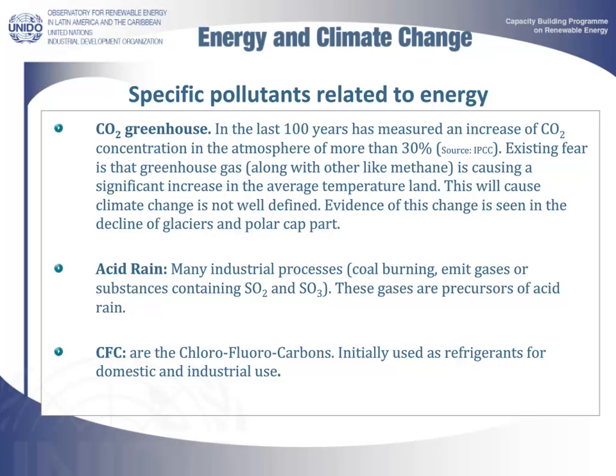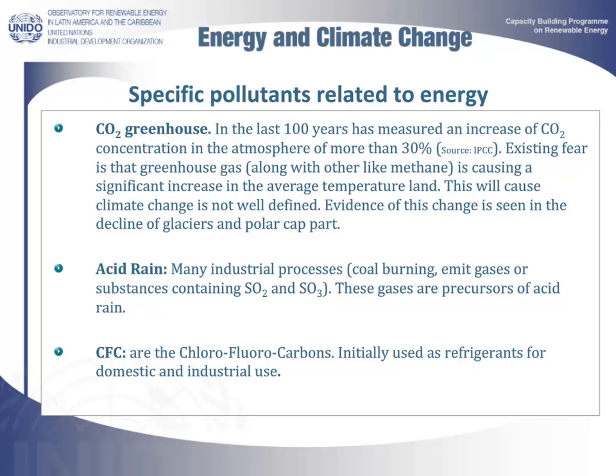Regarding sulfur dioxide and sulfur trioxide, SO2 and SO3, many industrial processes, including the burning of coal, release gases or substances containing SO2 and SO3, which are the precursors of acid rain. Compounds called chlorinated fluorocarbons, CFCs, are also important.